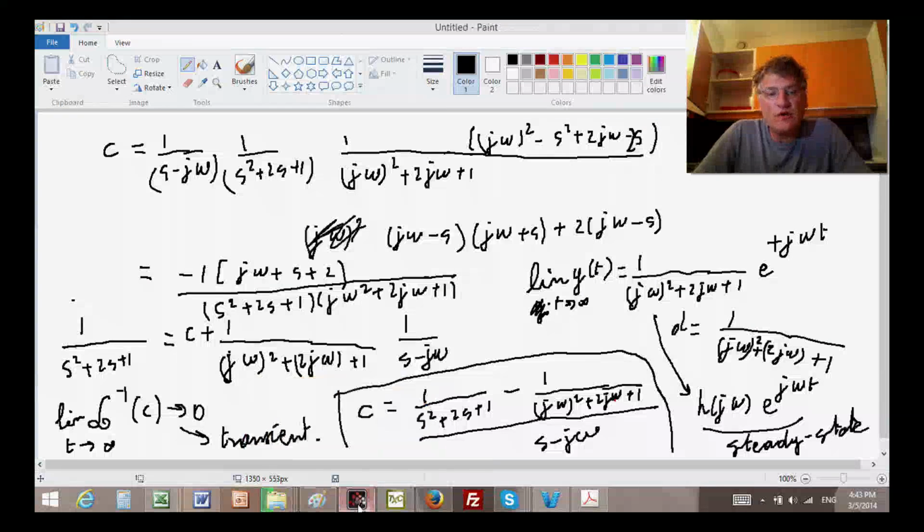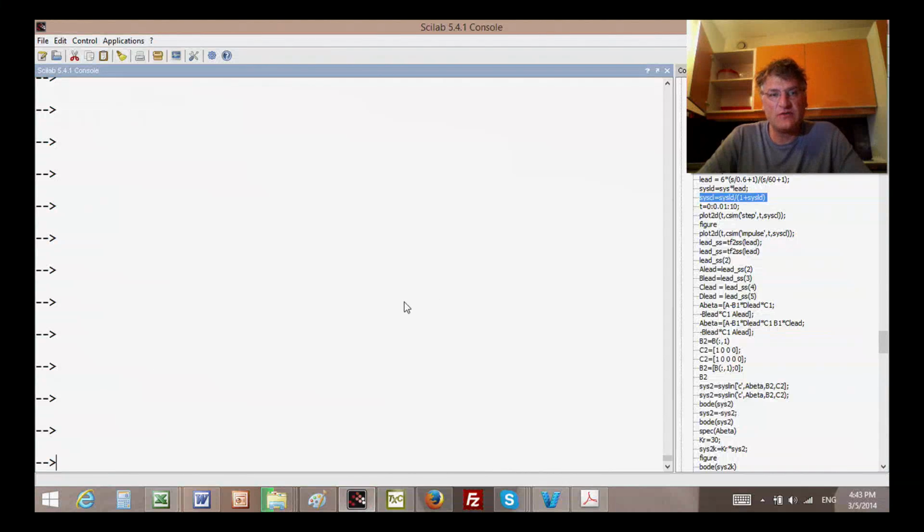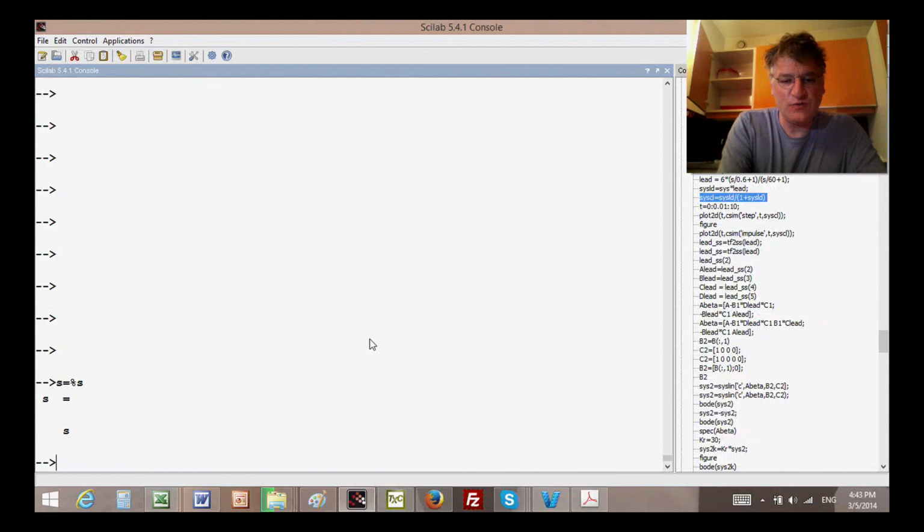Now let's do a little bit of an experiment by introducing Scilab. I introduce the variable s, and I introduce the system, so h is equal to 1 divided by s squared plus 2 times s plus 1.